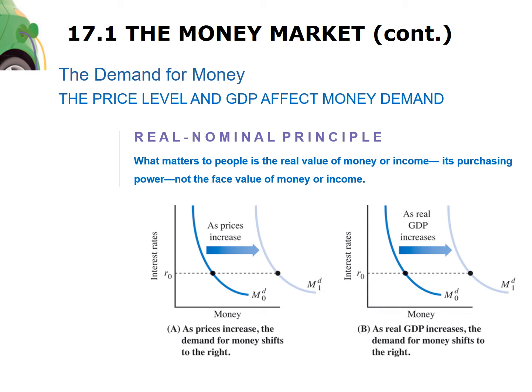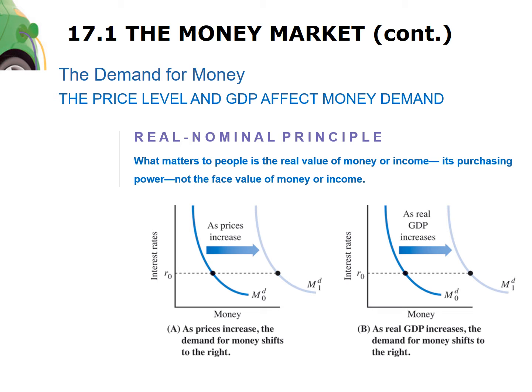But on the right hand panel, it's showing that when actual GDP growth occurs, when the economy actually grows, that's when the demand for money increases to support the transaction of those additional goods and services produced in the economy.